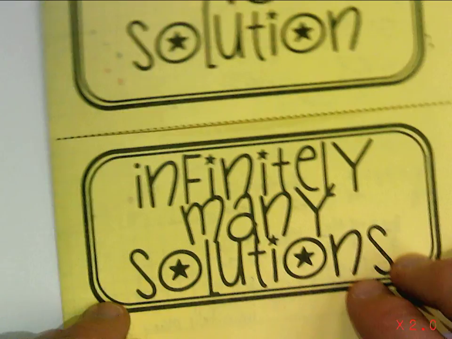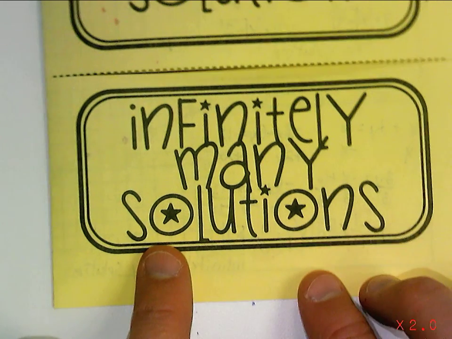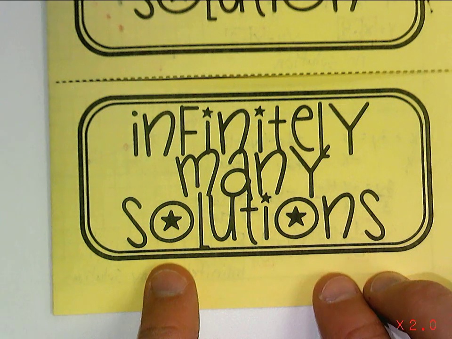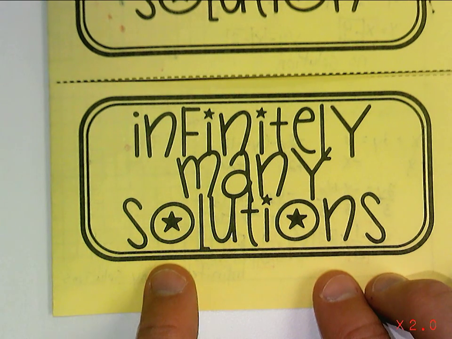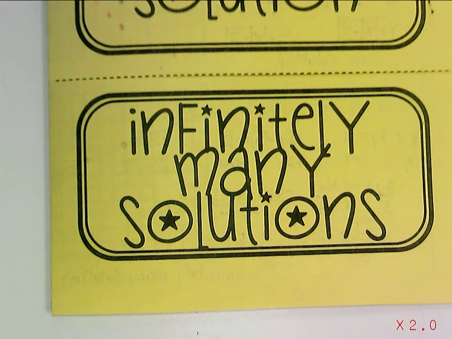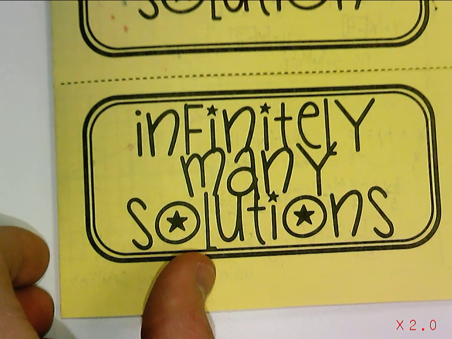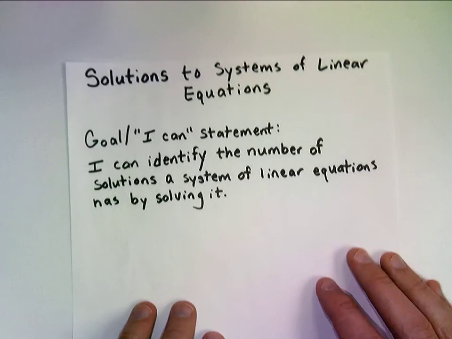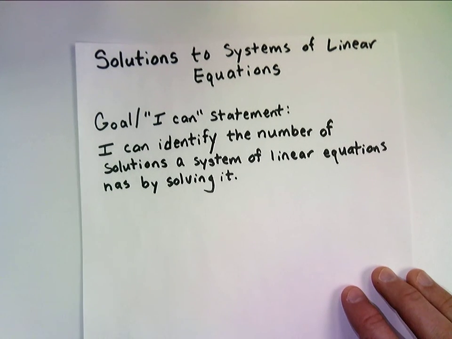And you also have infinitely many solutions, which means the lines are directly on top of each other, and they would have the same slope and same y-intercept, so something also to be looking for when working with that. So that was our lesson today on solutions to systems of linear equations.